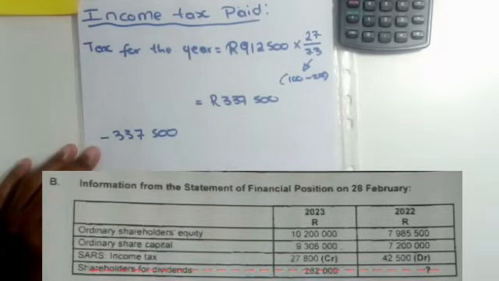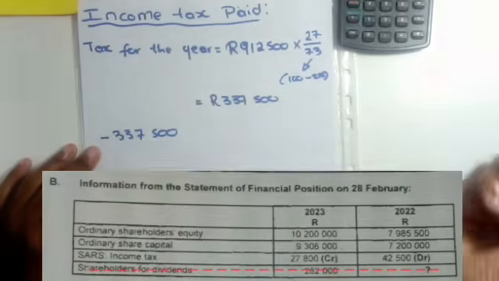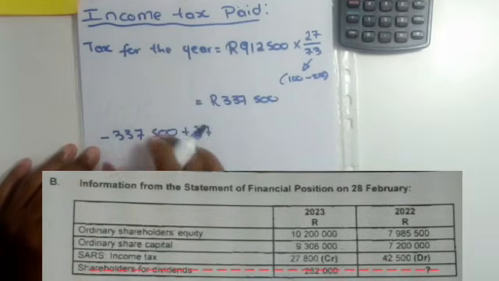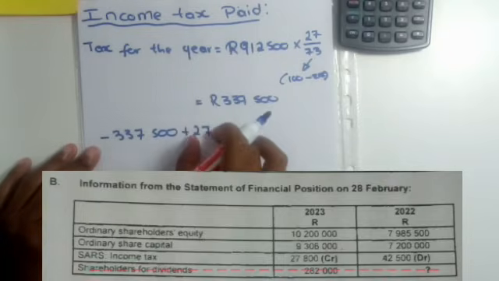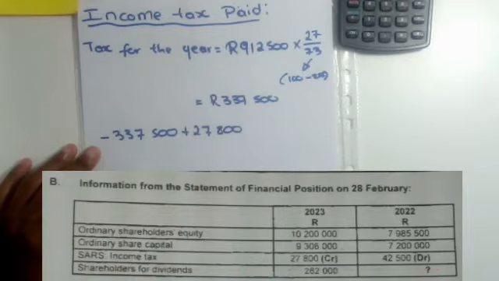So that means that out of this amount, I paid them everything except for 27,800. Because I didn't pay it, it didn't go to SARS, I'm going to add it back to show that I paid this amount except for the 27,800.